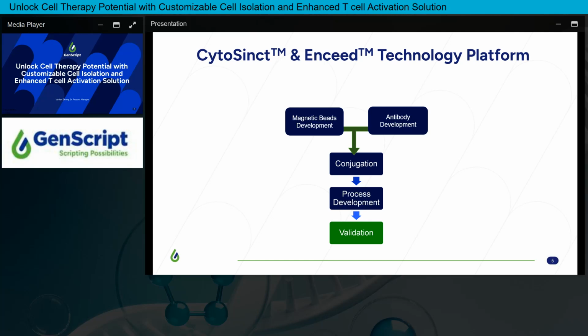At the same time, we also collaborate with our sister company, ProBio, to develop the antibodies. As you know, for cell isolation and activation, besides the magnetic core, a very important component is actually the antibodies.